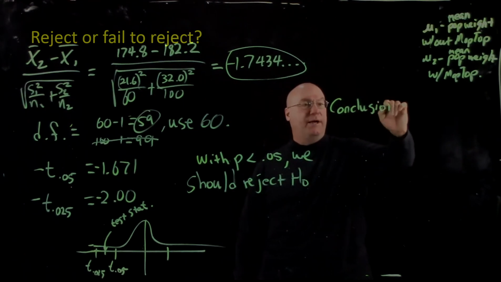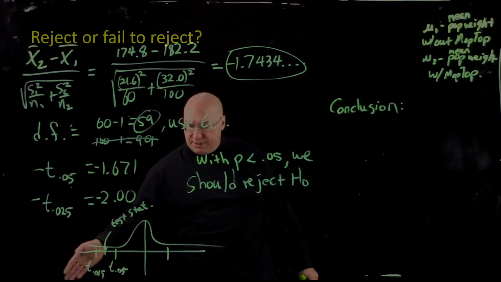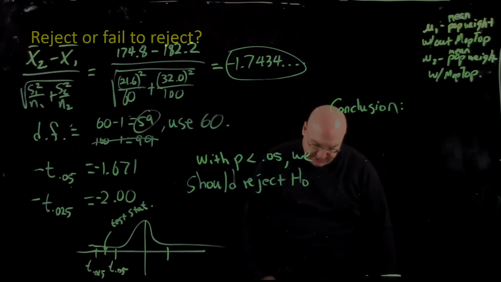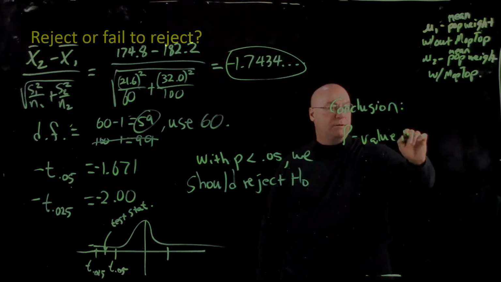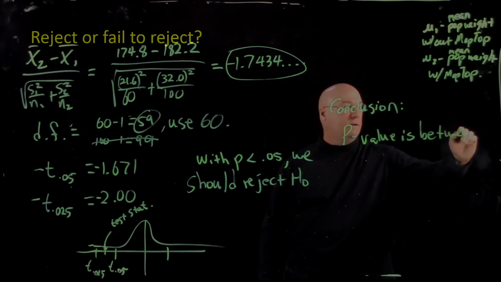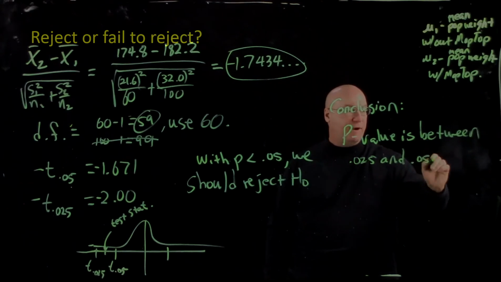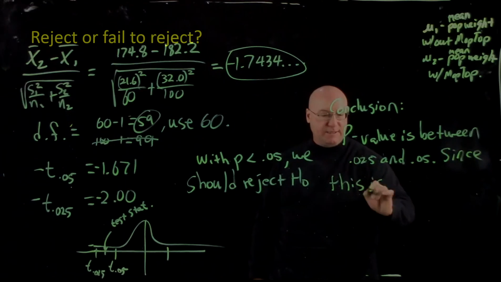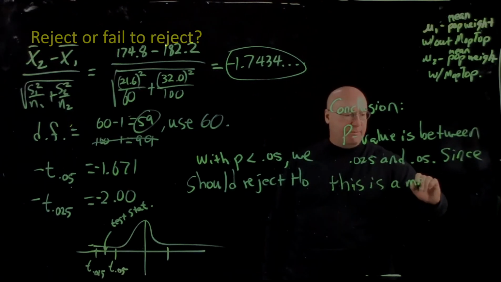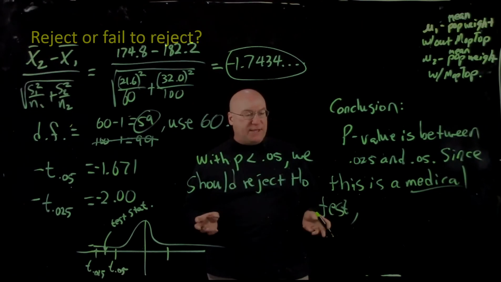Why am I rejecting? Why am I saying we're taking the 5% significance level rather than the 2.5% significance level? I say this: the p-value is between 0.025 and 0.05. Since this is a medical test, we want to be on the safe side, right?